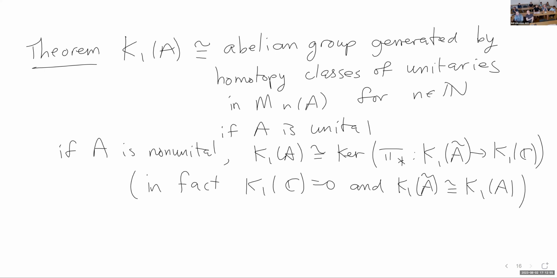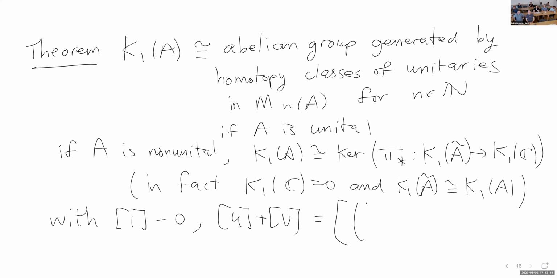Right. So it is an abelian group with operations. The 0 element is the class of the unit in A, and the addition U plus V is equal to, in fact, the product UV.